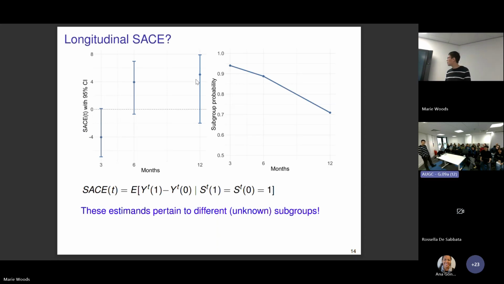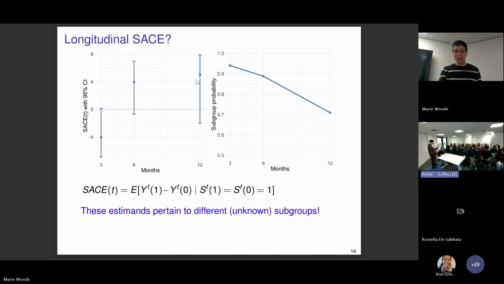Of course, you can do this, but there's one caveat: the subgroup that this estimate applies to changes over time. Because it's easier to survive at 3 months than to survive at 6 months, than to survive at 1 year. So the percentage of people who would always survive at month 3 would be more than the percentage of people who would always survive at month 6, and finally at month 12.